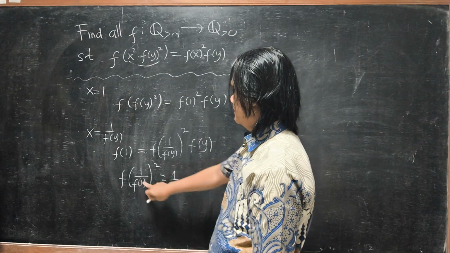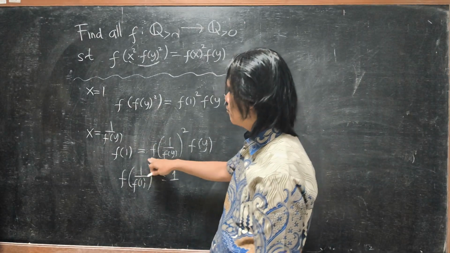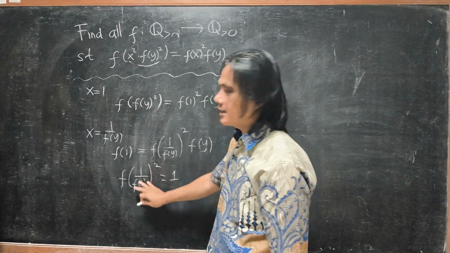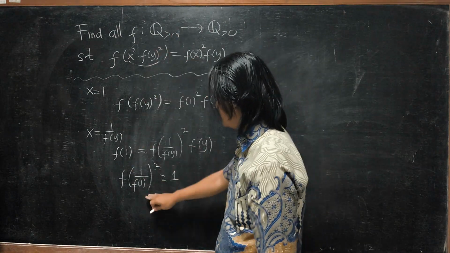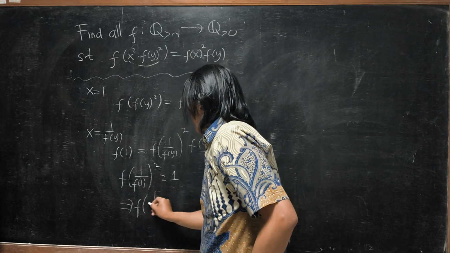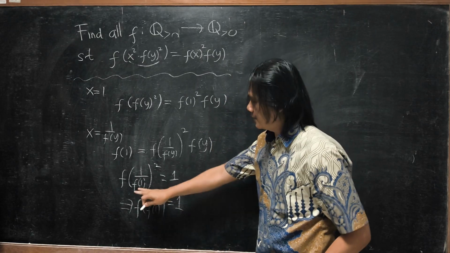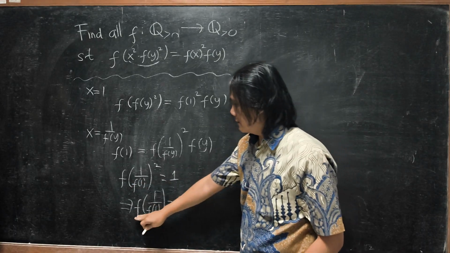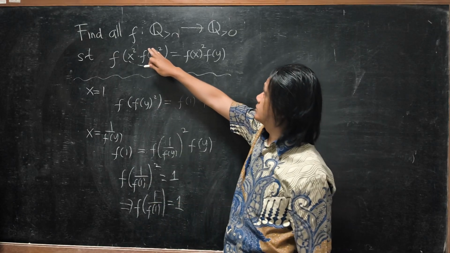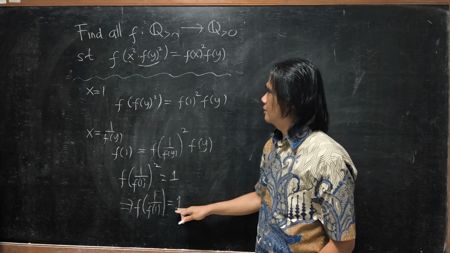So we have a rational number such that when we square it, we get 1. But since this is a positive rational, we conclude that f of 1 over f(1) must be equal to 1, because in the beginning we have two options: this number can be 1 or -1. But since we work on the positive rationals, this must be 1.